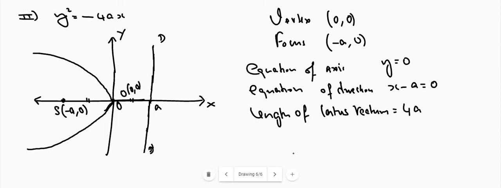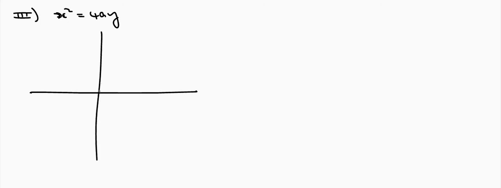Okay. The next type, the third type, is x square equals 4ay. This is a parabola which opens upward. Take the x-axis and y-axis, and the parabola will be of the form like this. The y-axis divides the parabola symmetrically into two parts.